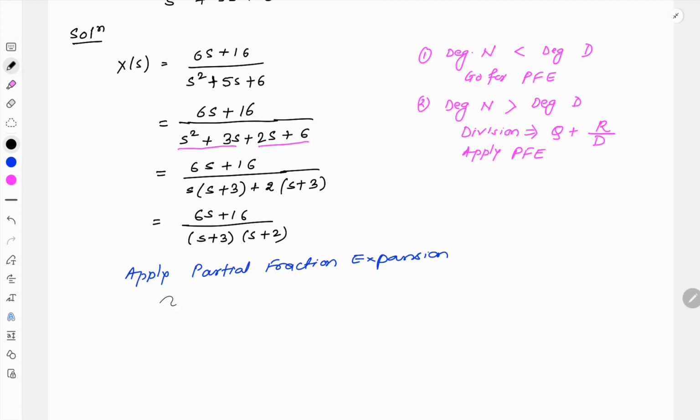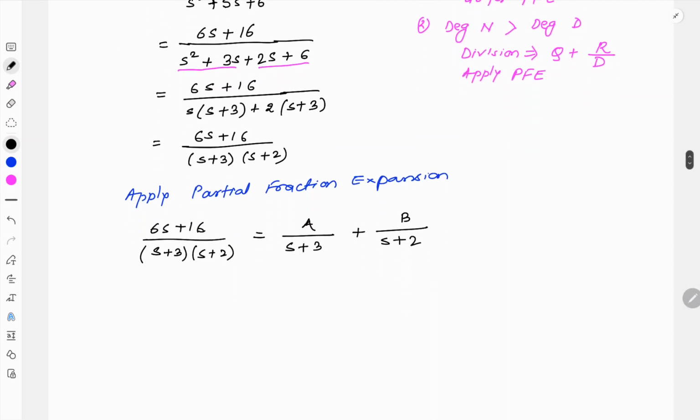Here the term is 6s plus 16 divided by s plus 3 and s plus 2. Here we have two roots. So we have A and B with us: A upon, let's say, s plus 3, plus B upon s plus 2. Now cross multiply and simplify the terms.